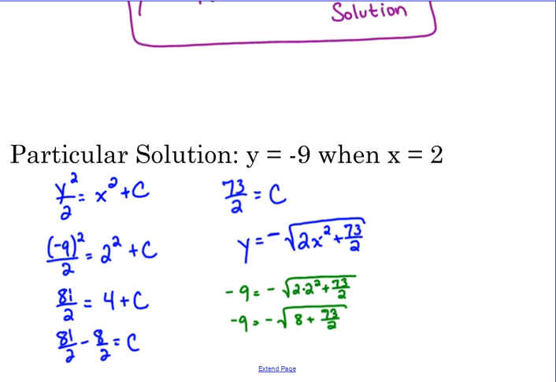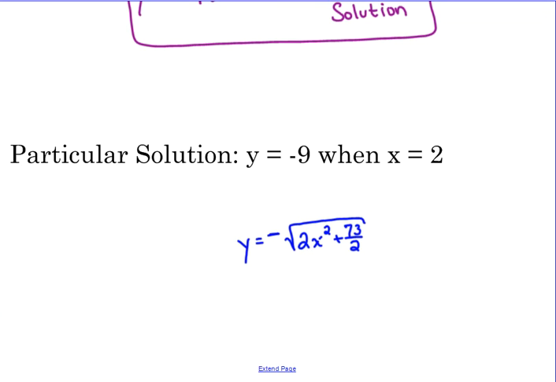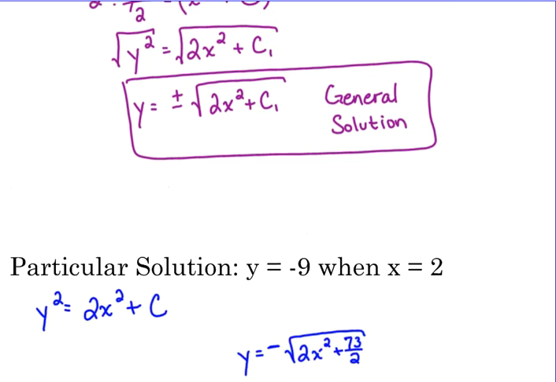Let's go back a couple of steps here. Instead of y squared over 2, let's plug it into the next one where we had multiplied by the 2. Y squared is equal to 2x squared plus c sub 1.